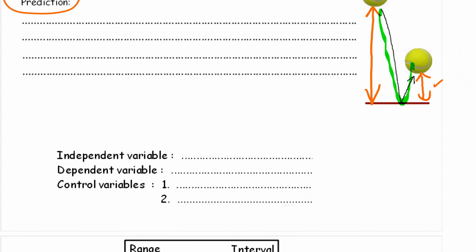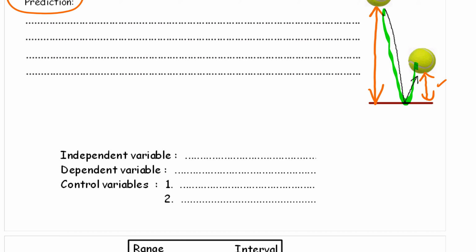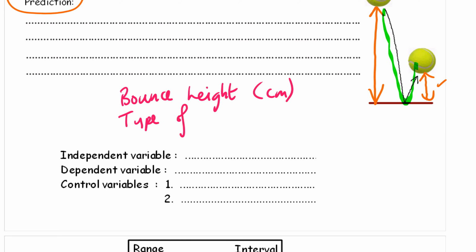Let's put in the variables now. I'm going to give you a few variables to consider. The bounce height in centimetres. I'm going to think about the type of ball. No units there. I'm going to think about the surface the ball is going to be dropped onto.